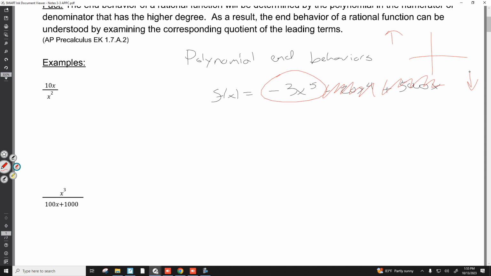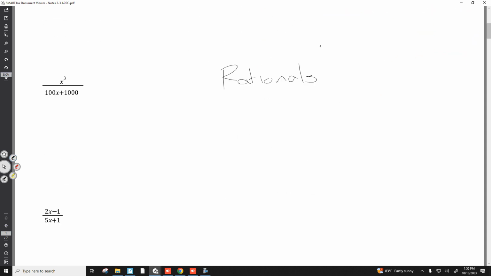Well, we are going to look at that with rationals. And you will find that, yes, with rational functions, you will have situations where your rational functions could end up going up, up, or up, down, just like you're used to. You could have arrows going up and down.